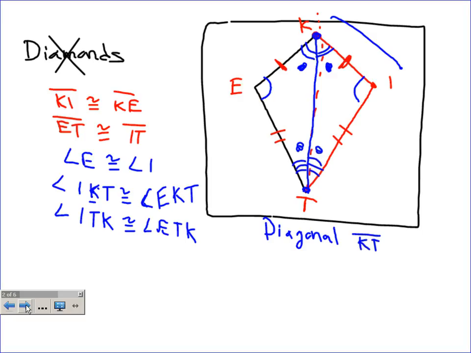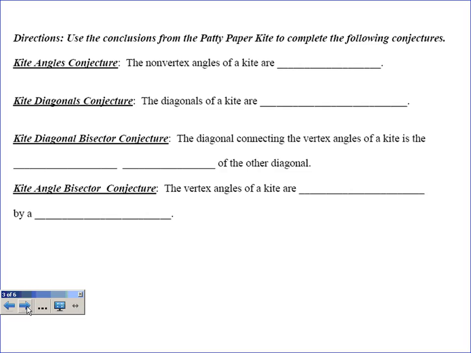So again, what I want you to do is, there are some definitions. I want you to see if you can define these on your own. They are right here.